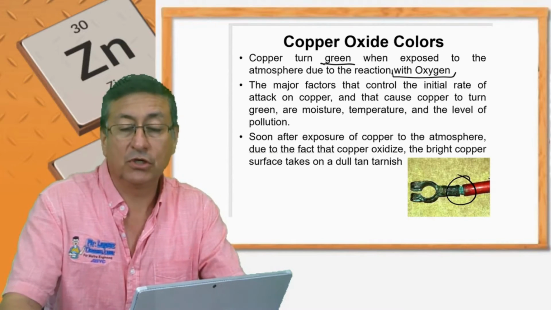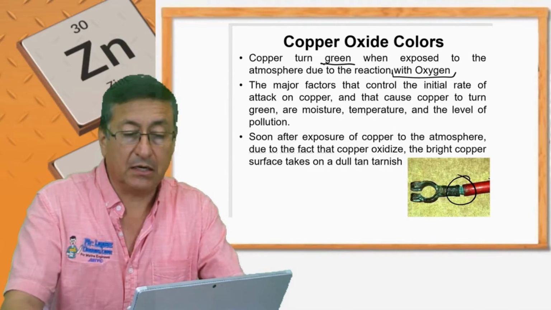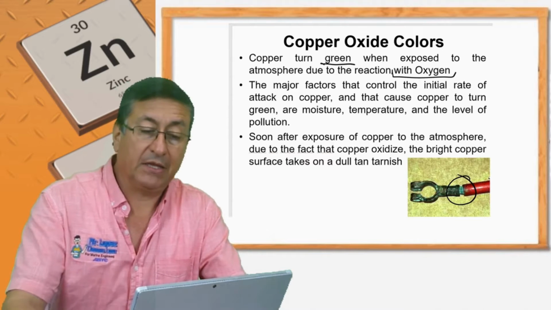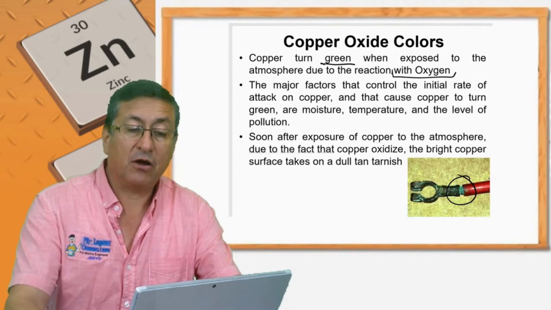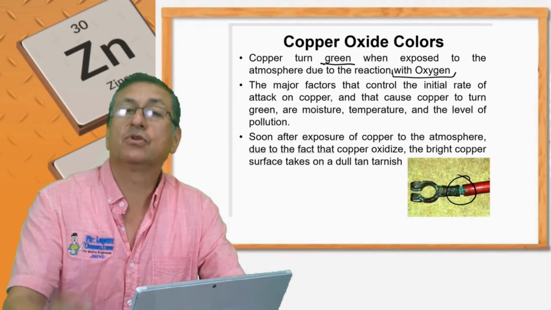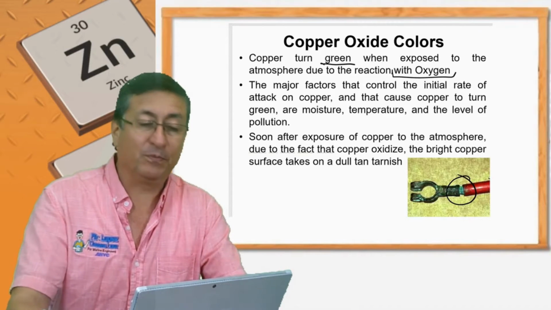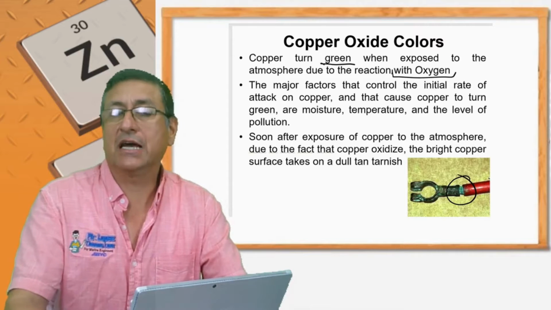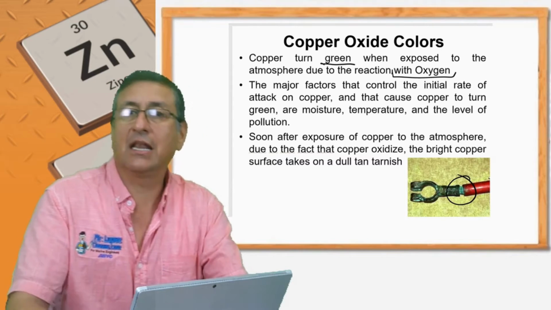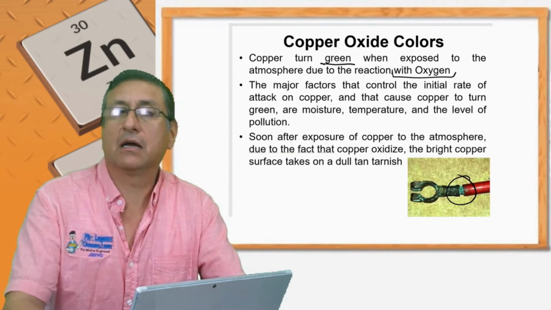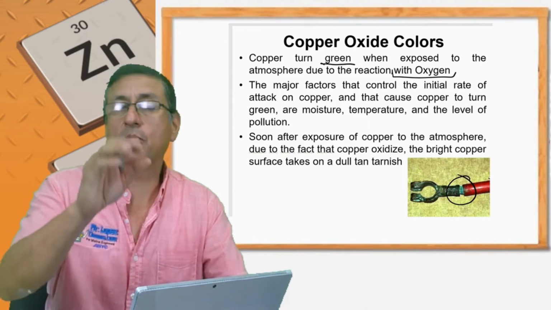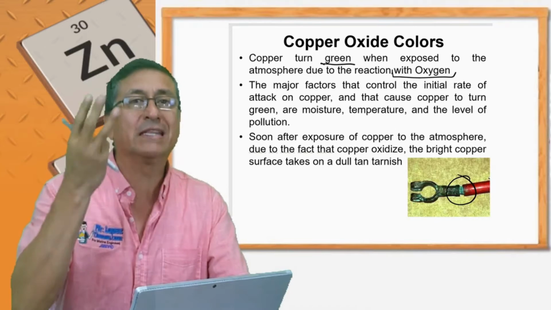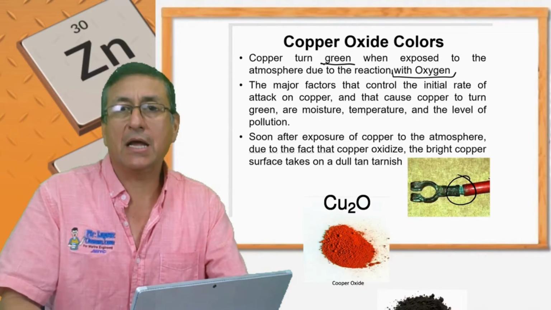Normally the atmosphere oxidizes the copper and produces different colors of copper oxide. Remember, copper has electrons in the last orbit, and if the copper reacts with oxygen, it works with 1 electron or with 2, creating copper 1 and copper 2.